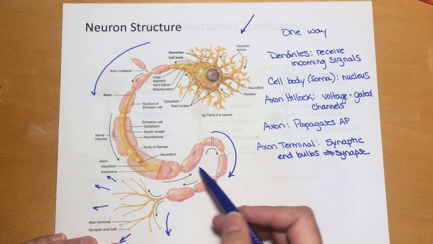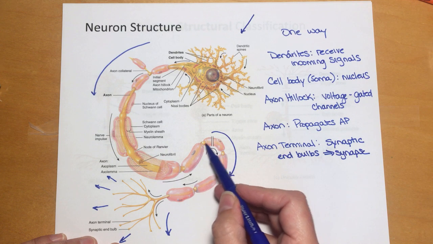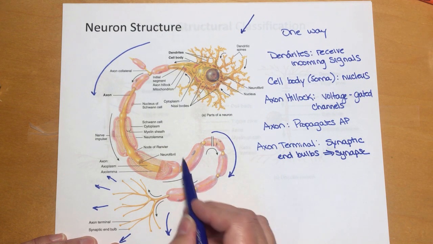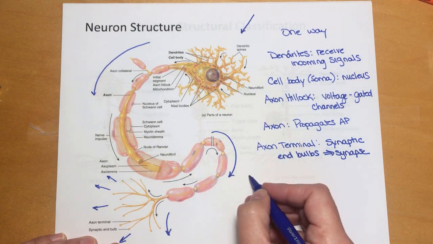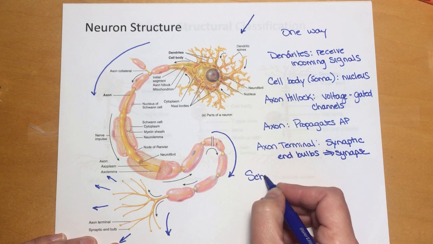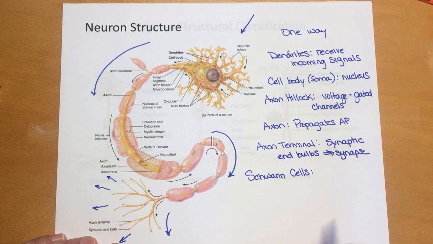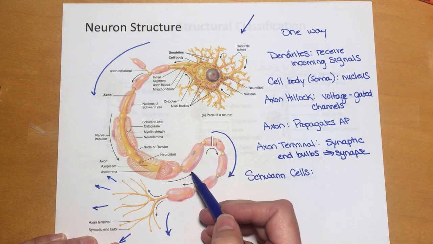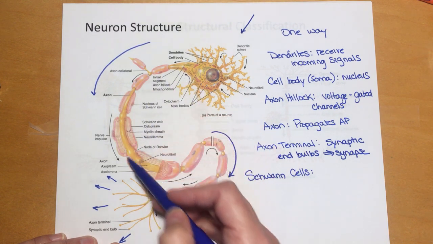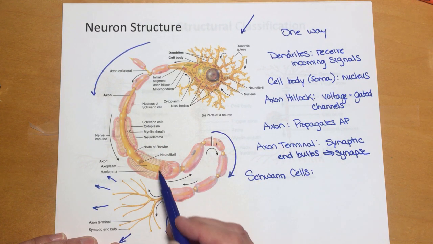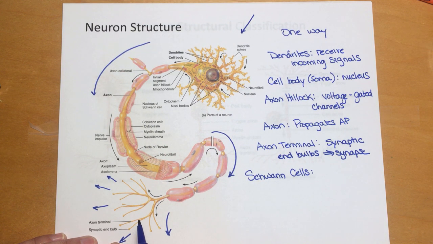Now you might also notice that there's sort of some shiny looking pink cells wrapped around the axon. Those are called Schwann cells. Schwann cells make up the myelin sheath, and the myelin sheath is something that helps to insulate this axon so that action potentials can move much quicker through a myelinated axon than one that's unmyelinated.